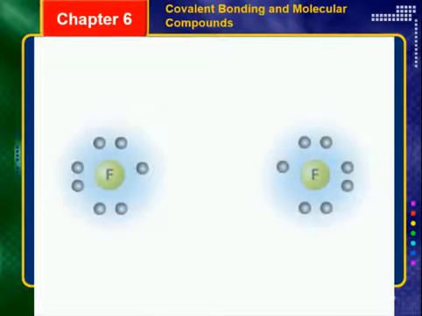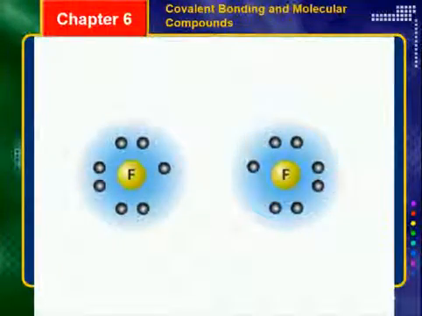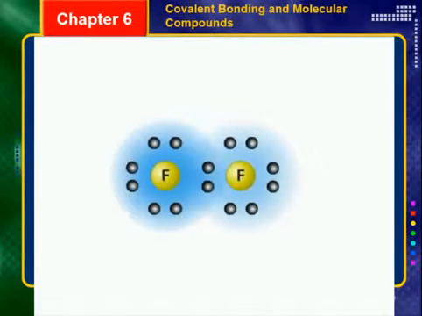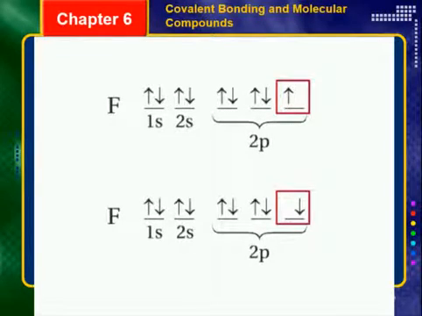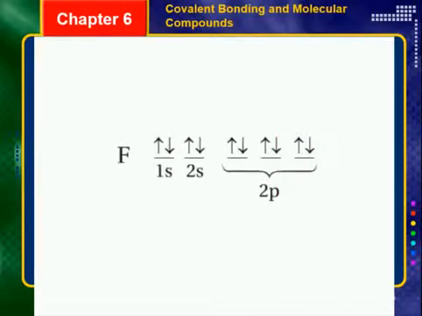Other main group atoms can effectively fill their outermost s and p orbitals with electrons by sharing electrons through covalent bonding. In this way, each atom has a stable noble gas type structure. Let's look at this same combination of atoms using orbital notation. If we join the unfilled orbitals of 2 atoms with a box, we see that the combination fills the orbital.